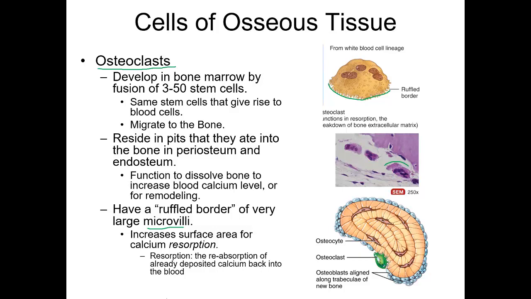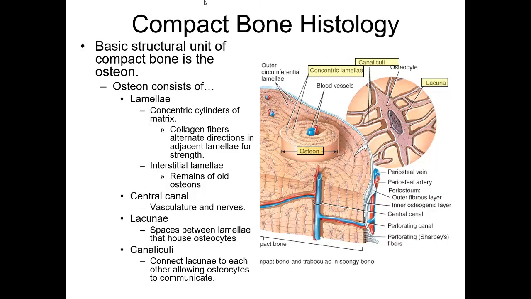So let's take a look at the larger picture of the bone histology right here. A structural unit of compact bone is called the osteon. So this little unit here is the osteon. The osteon consists of a central canal through which you have blood vessels running.